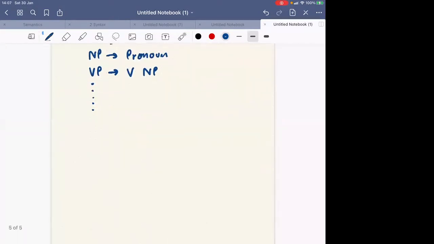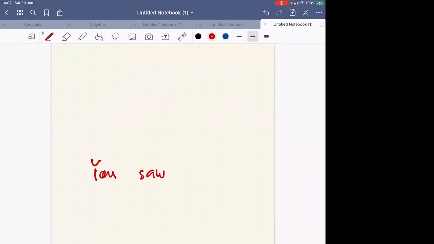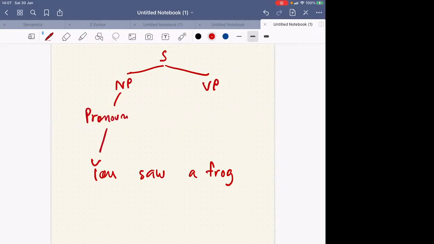So from these three rules, we can have something like you saw a frog, where I have S here as consisting of NP and VP. The NP is the pronoun you. The VP consists of the V, which is the verb saw, and the NP consisting of a determiner and a noun, a frog, right? So you saw a frog is the sentence that we got from the PS rule.